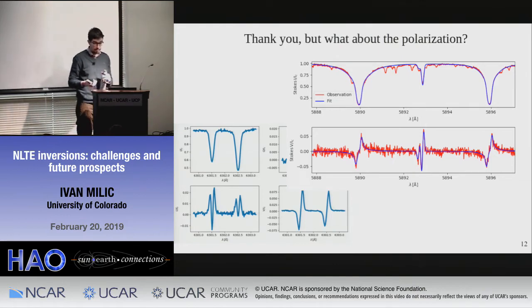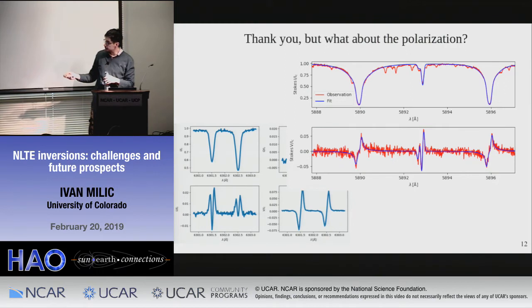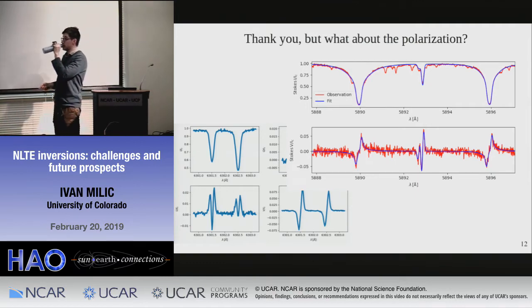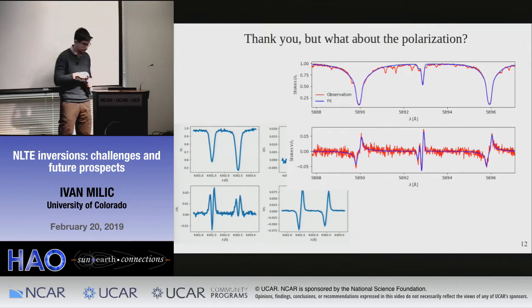I'm sorry, I probably forgot to turn on the animation effects here, but you can still see here the intensity, Stokes Q, U and V in example Hinode spectra, and here you can see intensity and Stokes V in an example of the spectra that we are analyzing. And for some reason, there is polarization here.